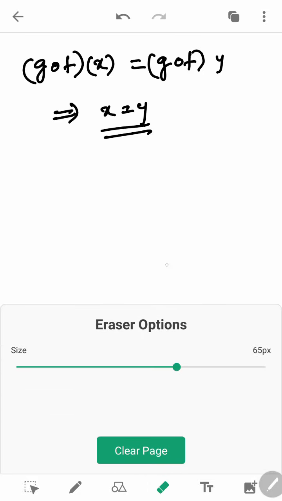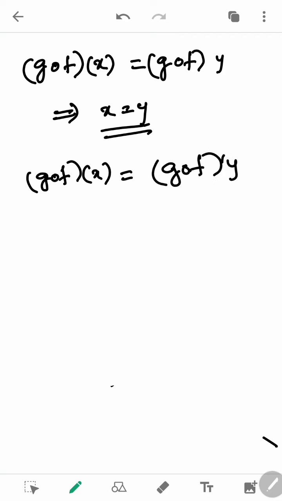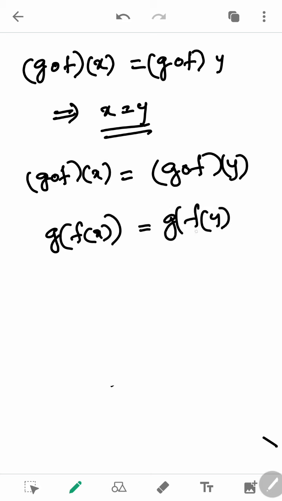Now we come to the question. g composition f of x is equal to g composition f of y, given. That is, g of f of x is equal to g of f of y.